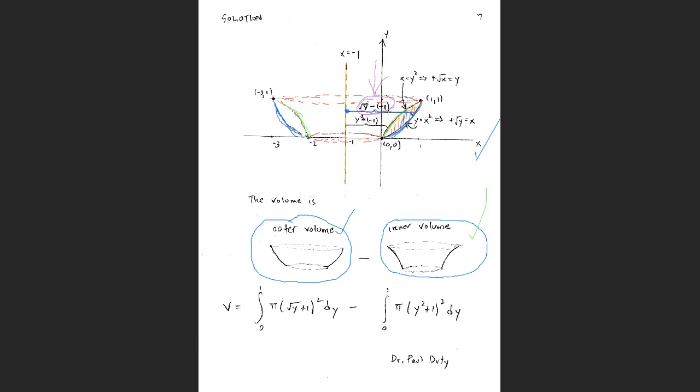The outer function is y equals x squared, or x equals plus the square root of y. If I take the distance of this radius, is the radius a horizontal distance or a vertical distance? The radius.